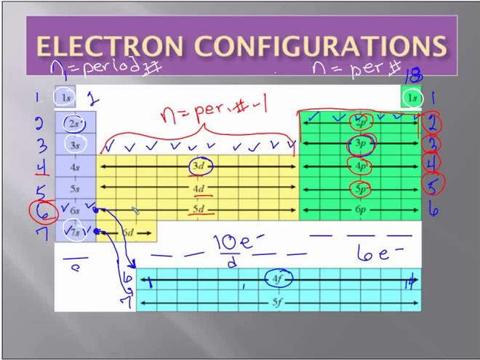So if I'm in period 6 and I'm in the d block, I know all of these elements are going to be ending with 5d. So all the way, this would be 5d10 is what would be represented by that element right there, which is mercury. So it would end in 5d10.